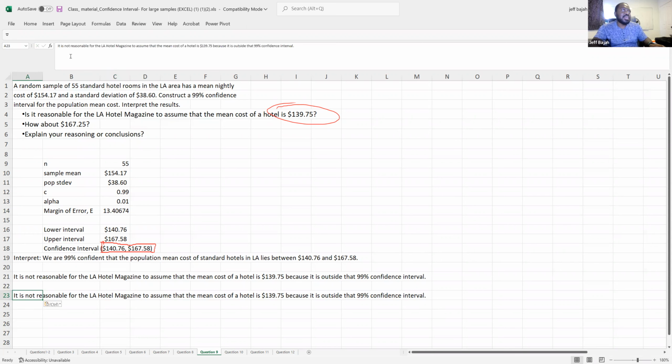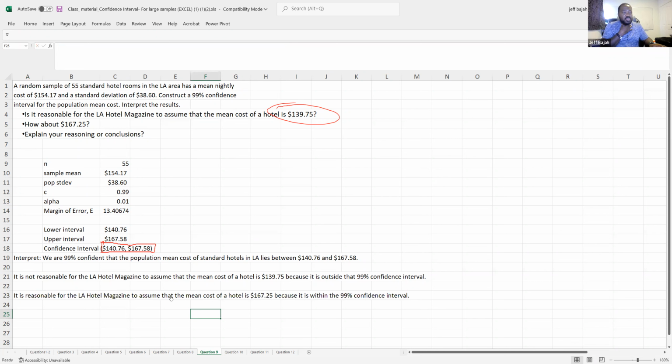And I'll say that it is reasonable, and fix this to say 167.25, because it is within the 99% confidence interval.